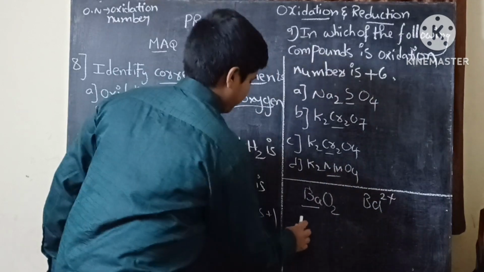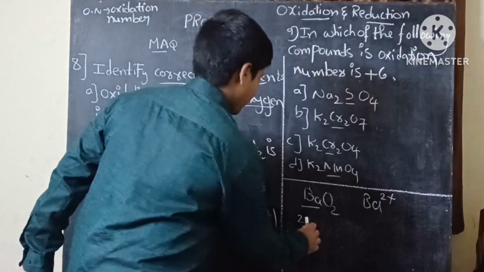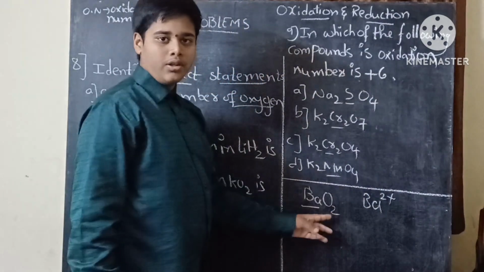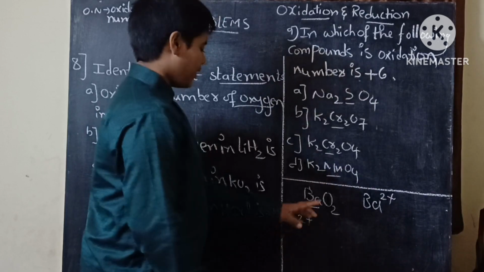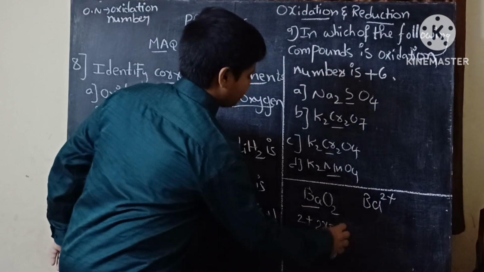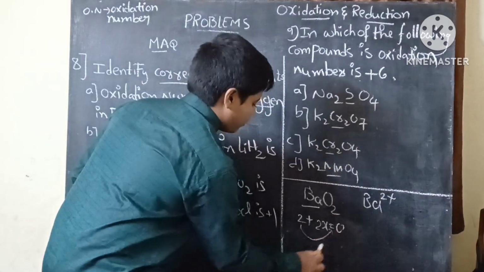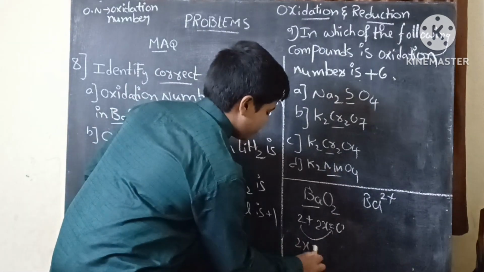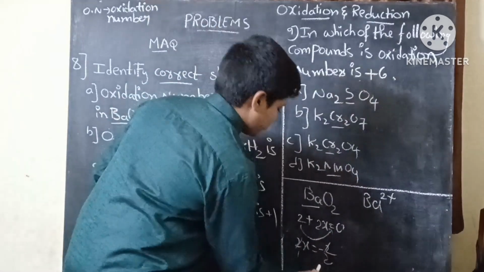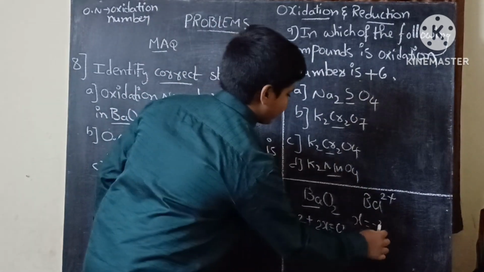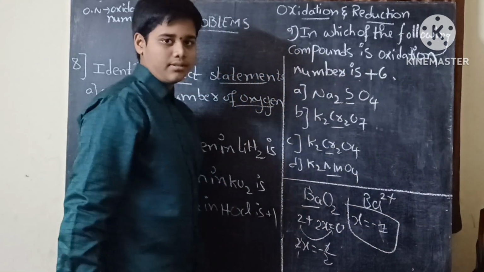So 1 atom is there, 2 into 1, 2 plus, we don't know the oxidation number of oxygen, so I am taking x. 2 atoms are there, 2x equals 0. If I transfer this 2 to this side, 2x equals minus 2. So x is minus 2. Sorry, minus 1. x is minus 1.